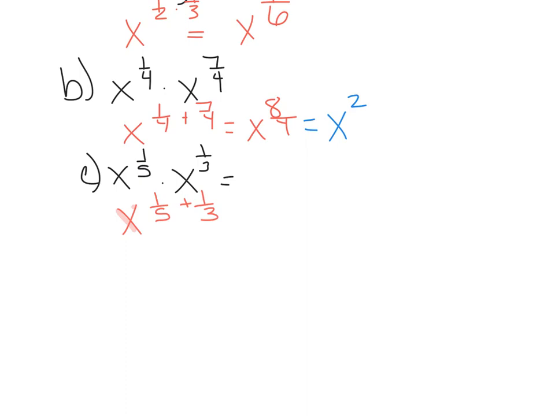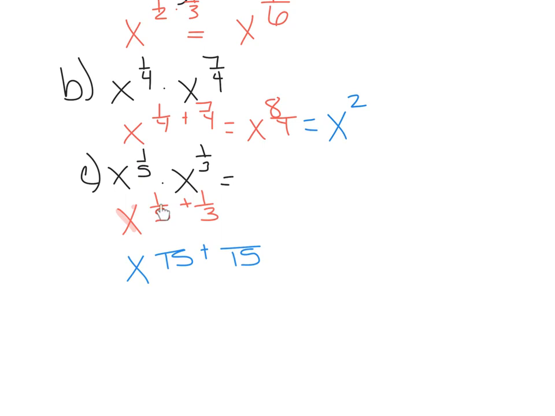Now, I'm sure that you all remember when you add exponents, they have to have the same denominator. So the common denominator for 5 and 3 is 15. So we're going to change these two denominators to 15 so we can add them.